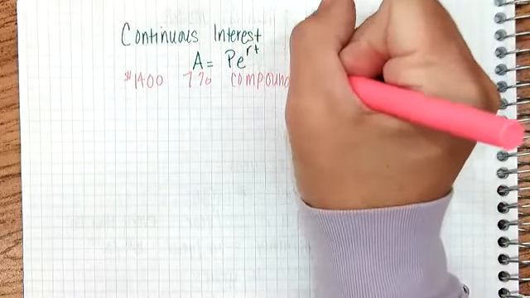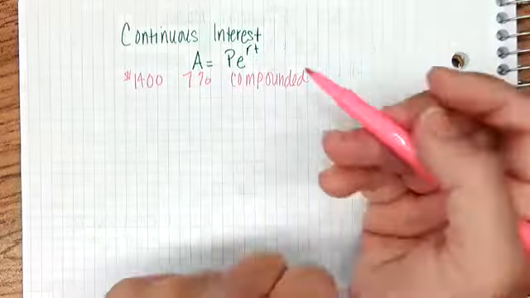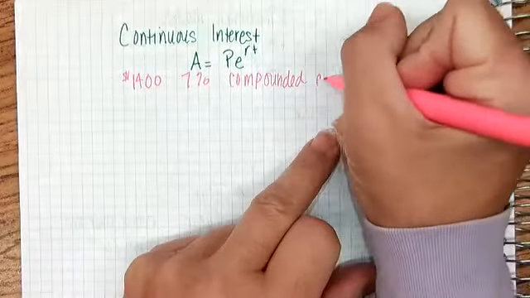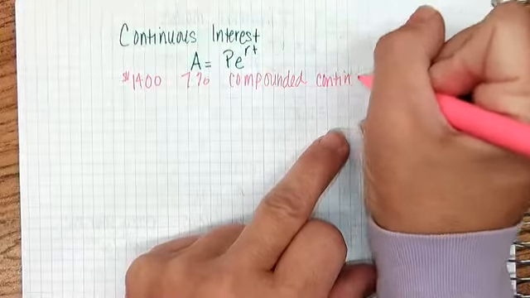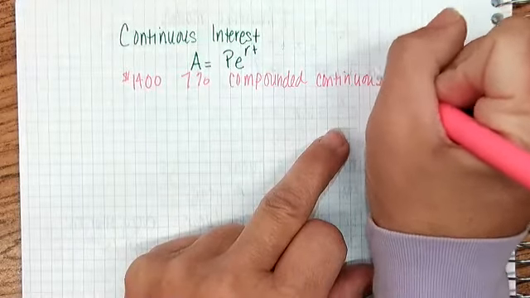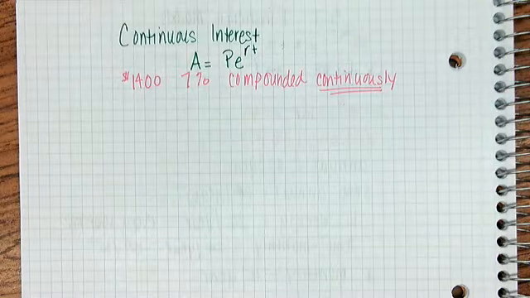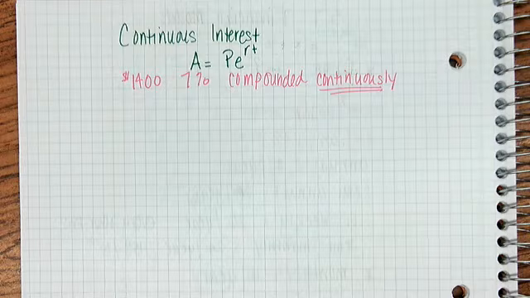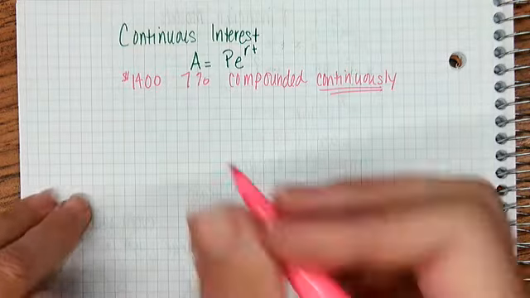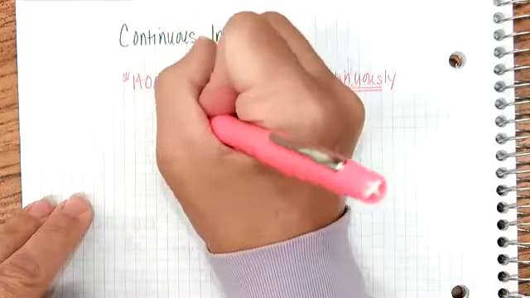As soon as you see the word continuously, A equals Pe to the rt. The time period doesn't matter. Is that quarterly? Is it monthly? No, it's continuous. I want to know how much money I'm going to have after 3 years.